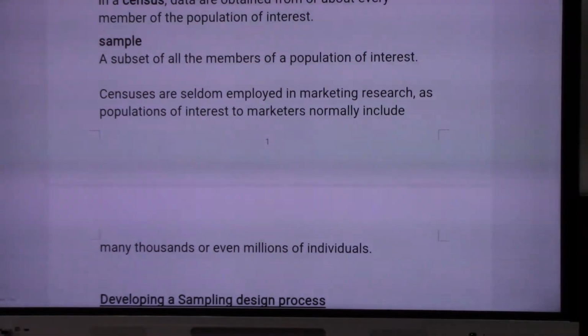While if we select a relatively small but carefully chosen sample, we can collect relatively accurate information from such a sample, which reflects the characteristics, opinions and attitudes of the whole population.